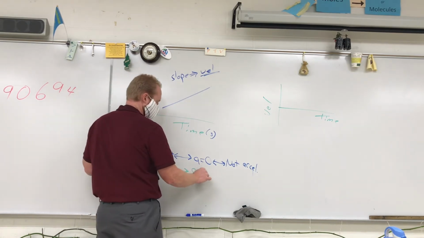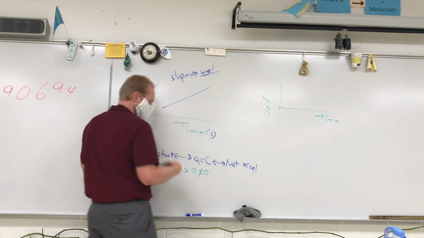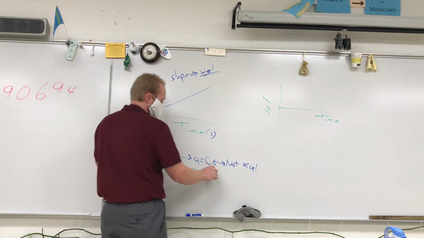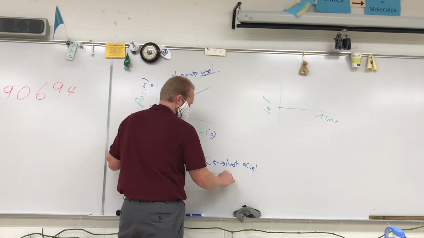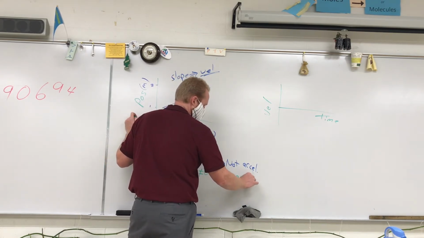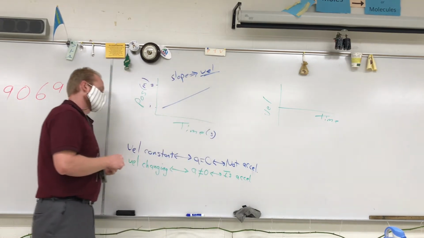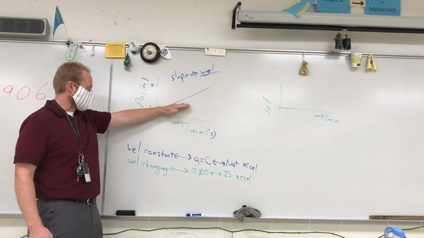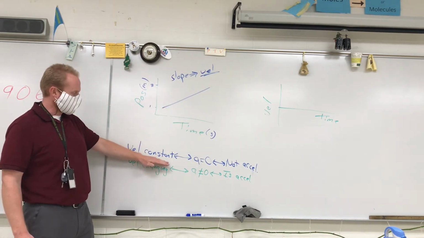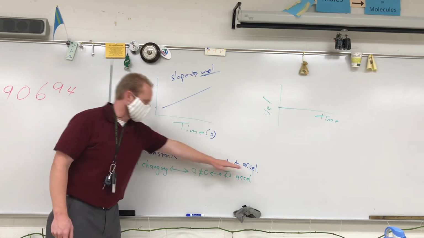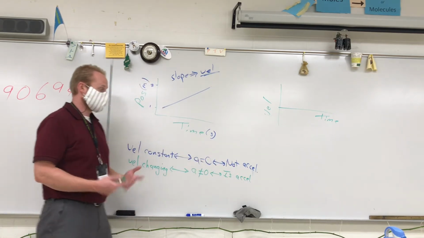We could say my acceleration does not equal 0. It's any value except for 0. And we could say it is accelerating. So because my slope is constant, that means my velocity is constant, means my object is not accelerating, or we could say the acceleration is 0.